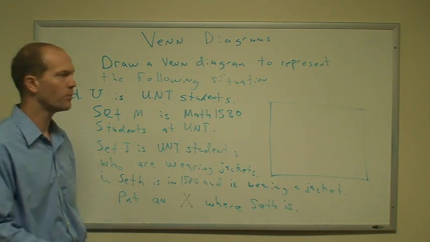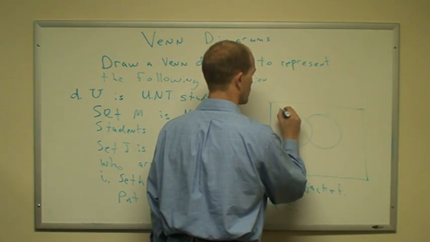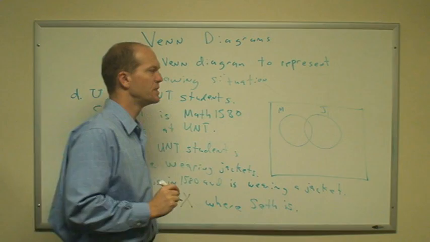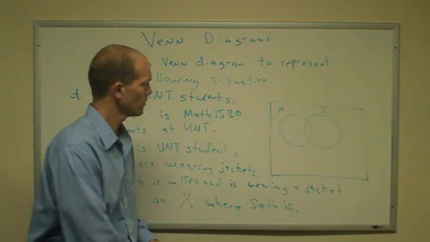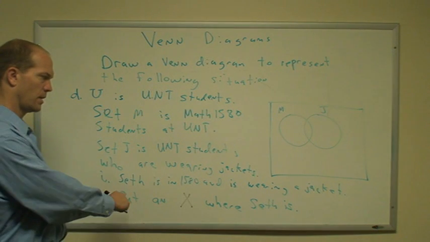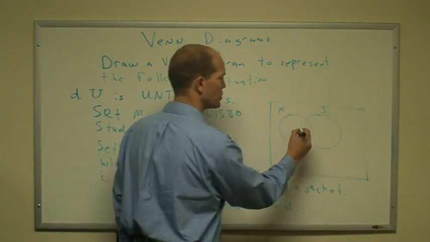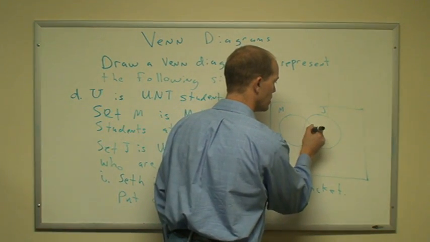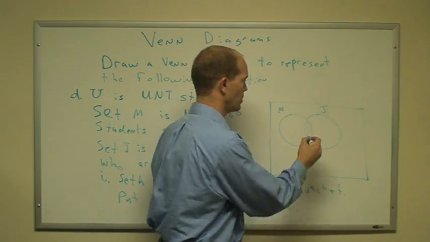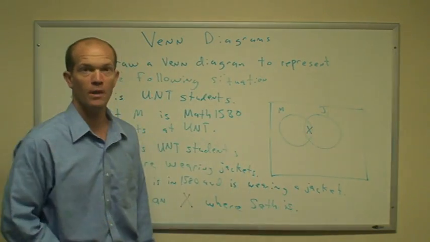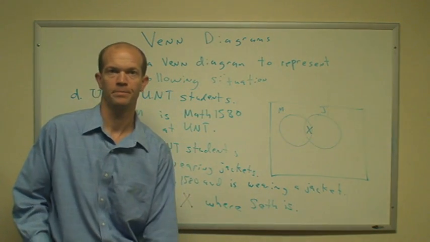First drawing the appropriate circles in this Venn diagram, we see the generic setup should look something like this with set M and set J. Seth is in 1580 and is wearing a jacket. I'm going to put an X there. That should be in this intersection portion right there, which if the marker was working would be showing up with an X. Let's put it in blue. And we see that's where the X would go to represent that Seth is right there.